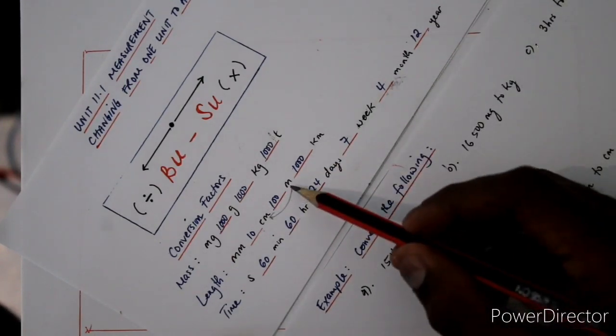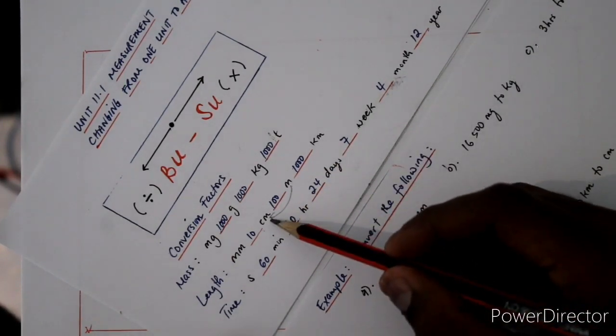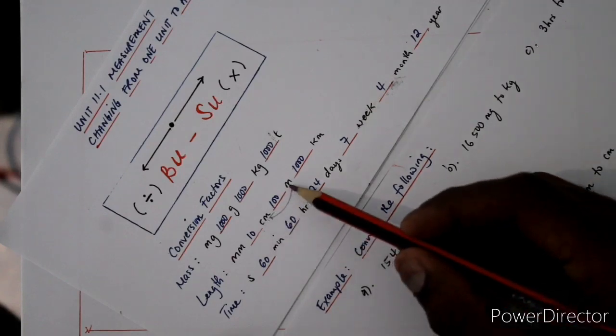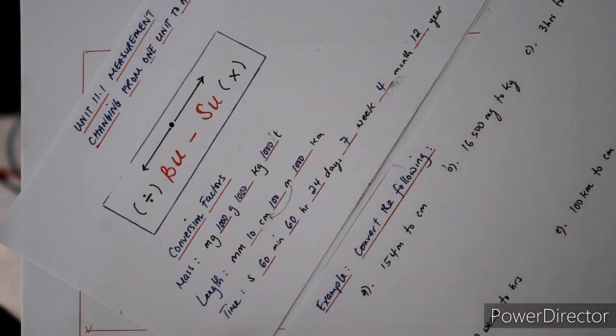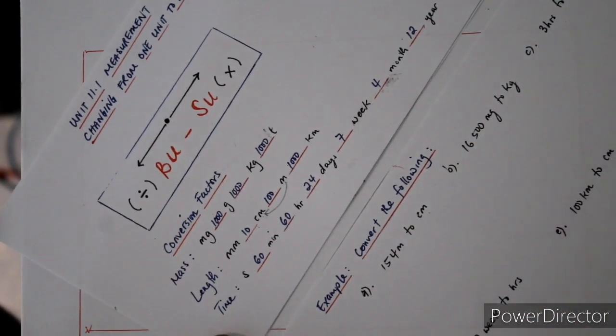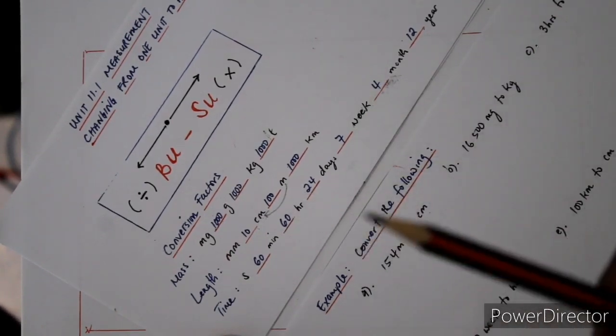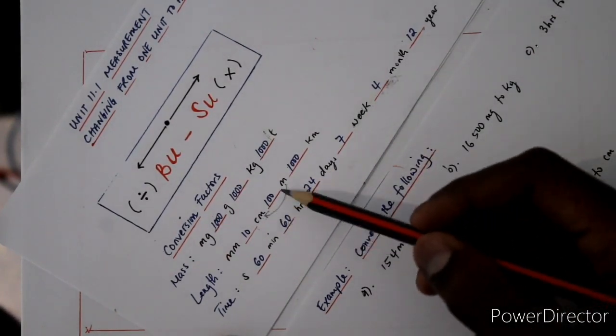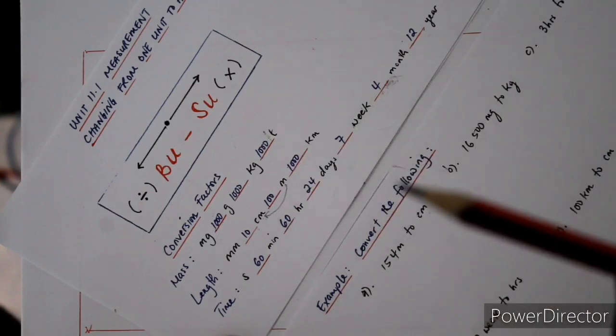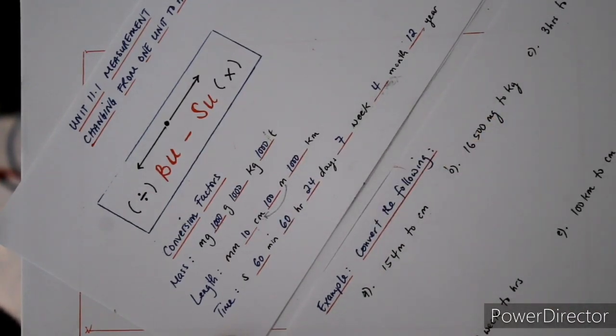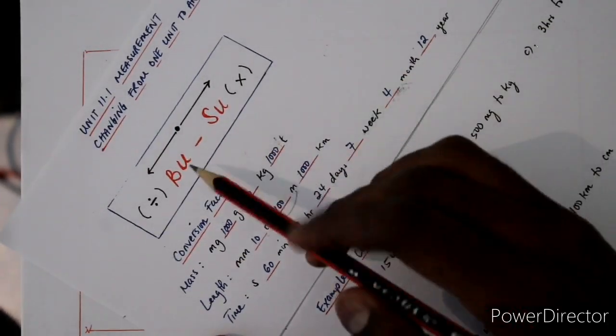In other words, you are converting meters to centimeters. You will see that in between centimeter and meter you have 100. Now 100 there is your multiplying factor: in order for you to convert meter to centimeter, you have a multiplying factor of 100. Okay, now how does this rule come into play?